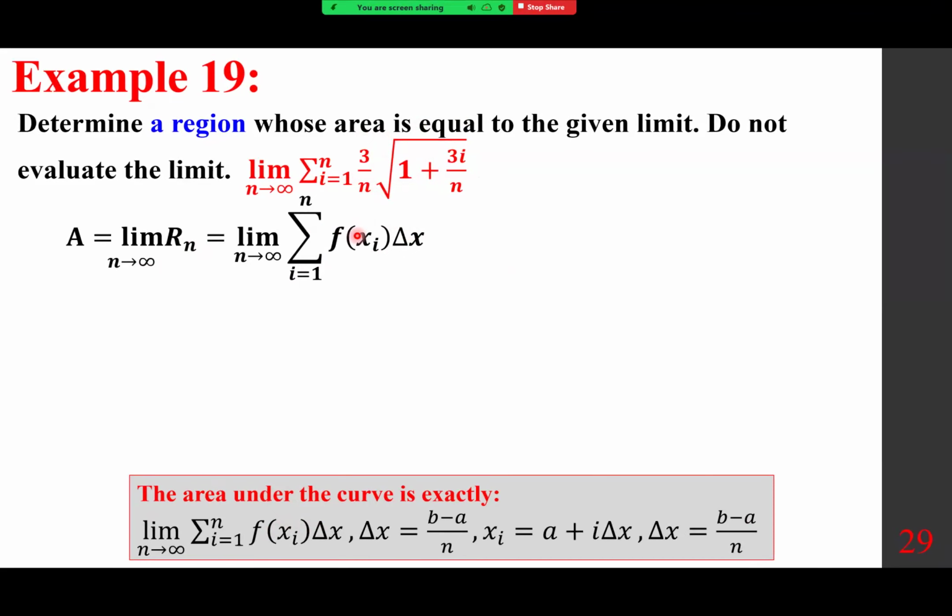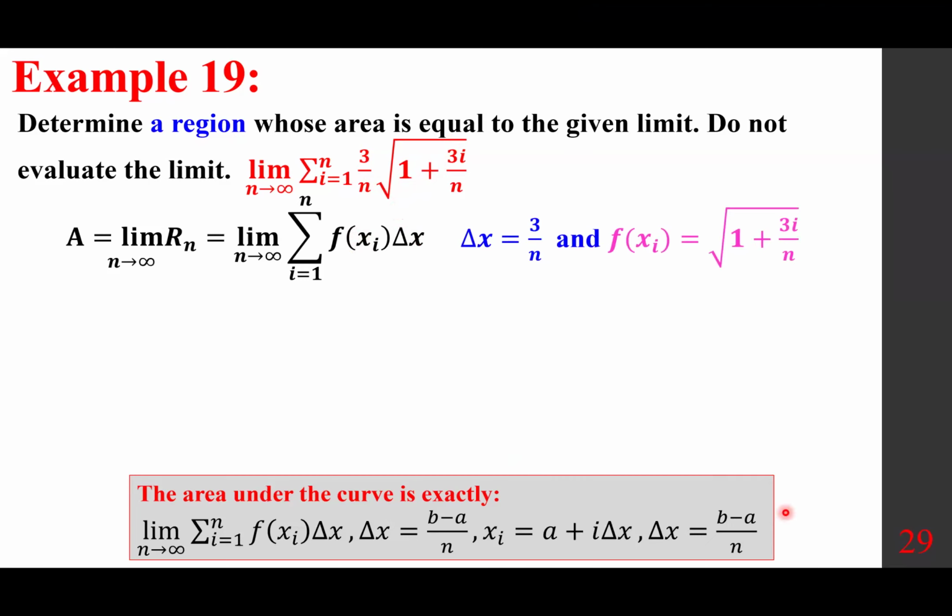Again, compared, this seems to be f of x sub i, this seems to be delta x. If so, we know delta x is b minus a over n, and it's equal to 3 over n. And we know x sub i is a plus i delta x.